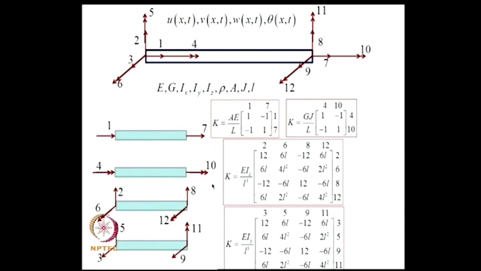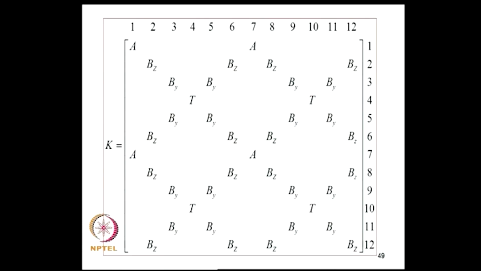For bending 2, 6, 8, 12, that is in plane bending, the stiffness matrix is given by this. I is now Iz. For out of plane bending, we have 3, 5, 9, 11. This is the stiffness matrix for bending. Now, I is Iy.